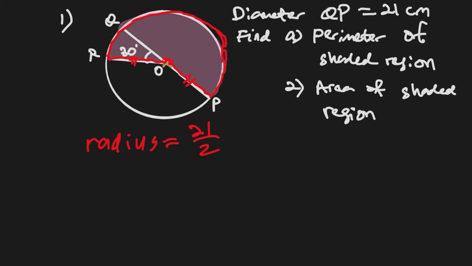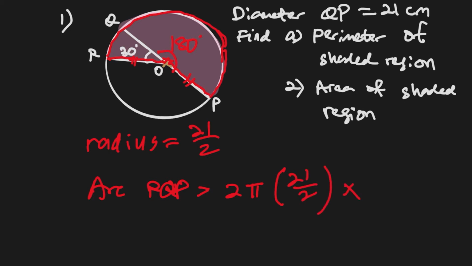Given here that angle ROQ is 30 degrees and this is actually 180 degrees. So the arc of RQP is equal to 2 pi r, which is 21 over 2, multiplied by 180 plus 30, which is 210, over 360.